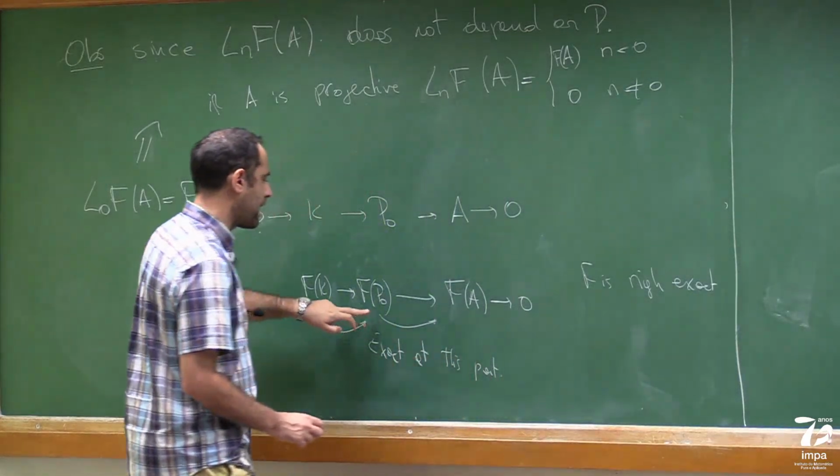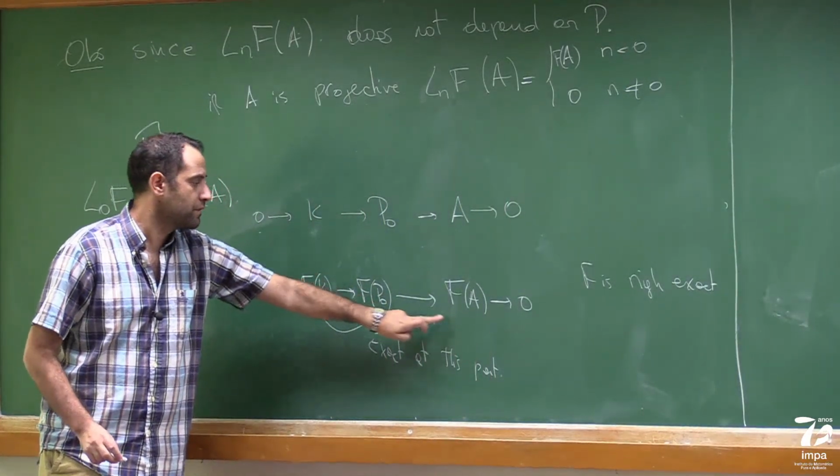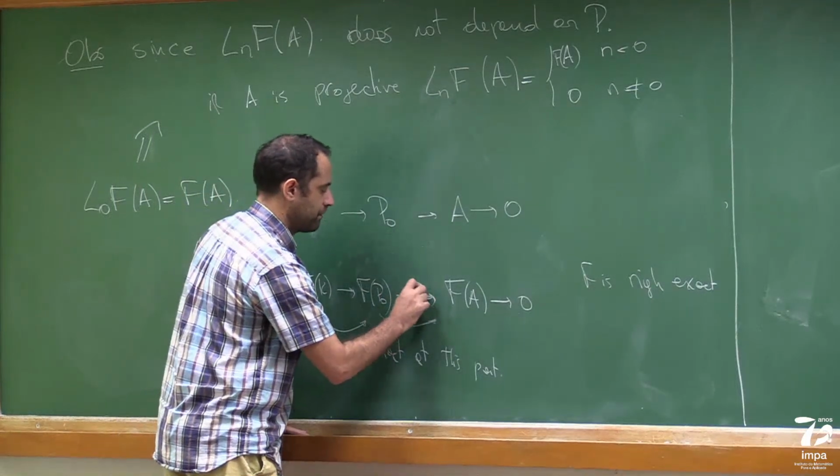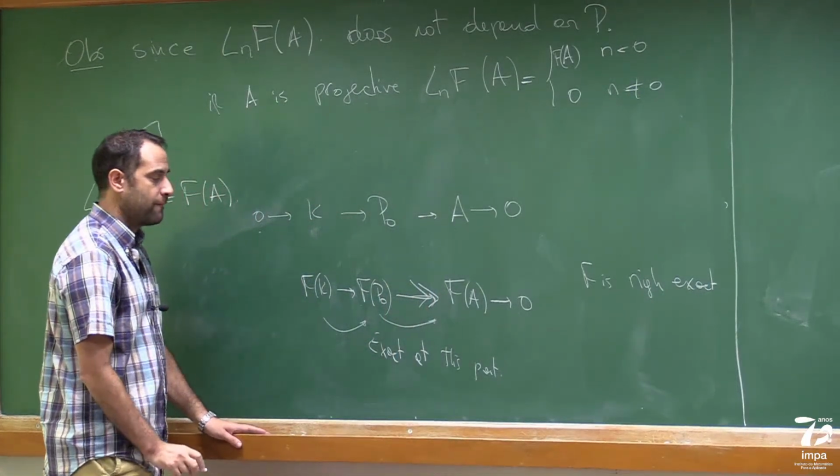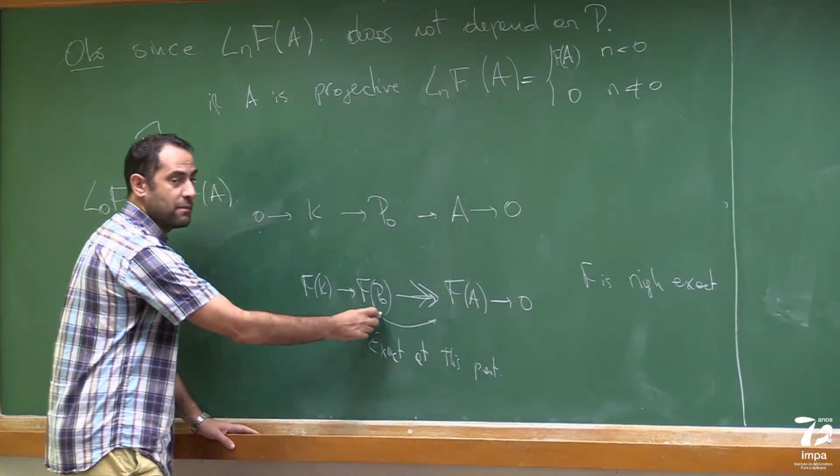Again, the kernel of this map is still surjective, and the kernel of this map is equal to the image of this map.